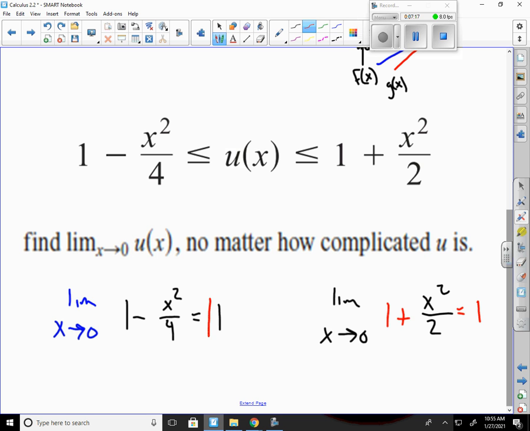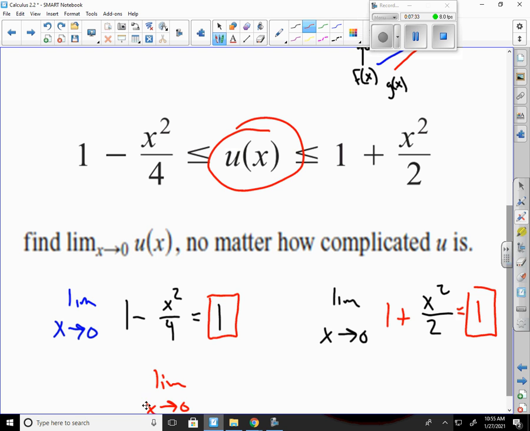So I know that my limit for the lower function is 1, and my limit for the higher function is 1, and u of x is always in between those two. So since it's always in between, then the limit as x approaches 0 of u of x equals 1. u of x is always between this one and this one, and those both go to 1, so u of x also goes to 1.